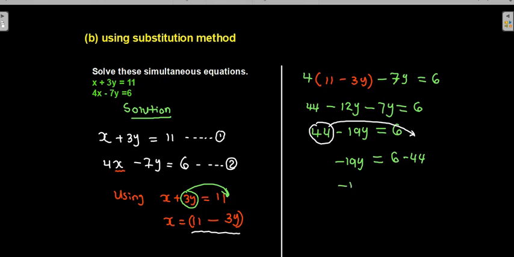If we work this out, minus 19y equals negative 38. So next we need to divide by negative 19 so as to remain with y. This and this will cancel out, and 19 goes into 38 two times. Therefore y will be equal to 2.